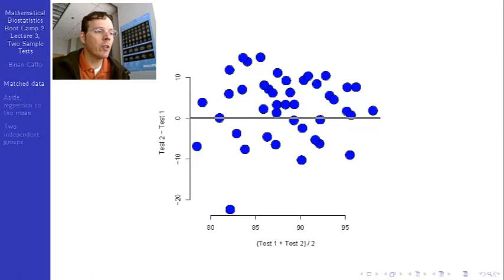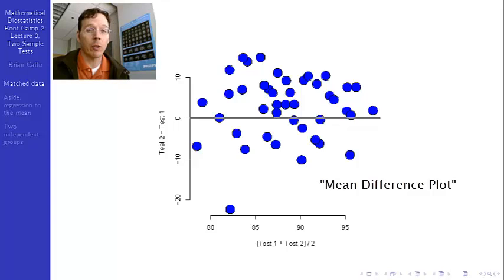And on this next plot, what I'm showing is the difference between test 2 and test 1 versus the average of test 2 and test 1. This plot is basically the previous plot tilted 45 degrees, like turning your head. This is called a mean difference plot, with the difference on the vertical axis and the mean on the horizontal axis.